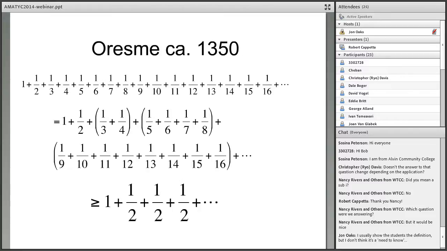Take a quick look at the Oresme proof. So notice this is all the way back to 1350, proving that the harmonic series diverges. And this truly is one of my favorite proofs I've ever seen. In terms of just combining the terms, we can combine enough terms together by doubling their length each time so that we have an infinite number of 1/2s to add together.